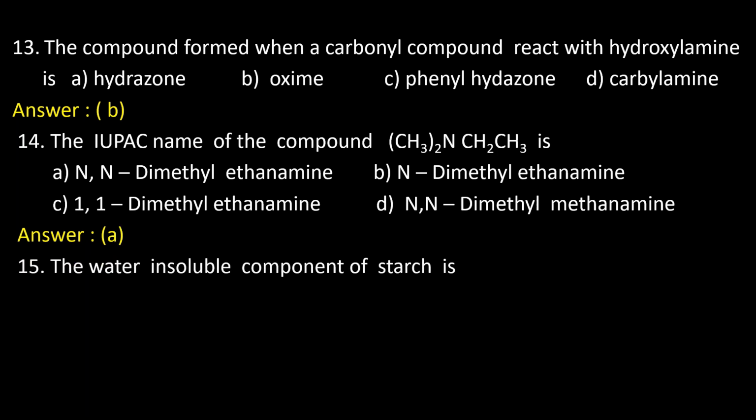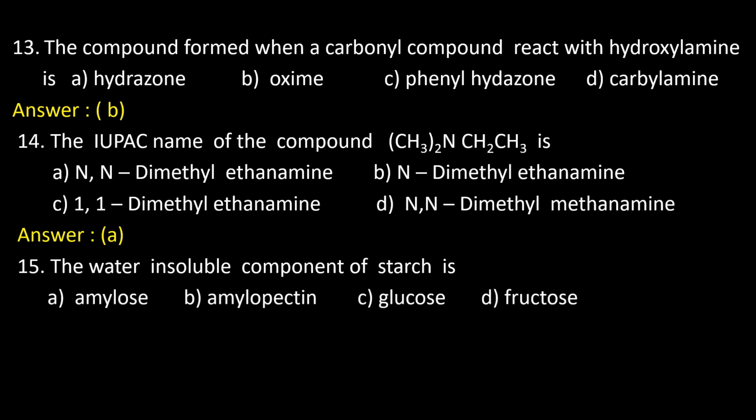Question number 15. The water insoluble component of starch is A. amylose, B. amylopectin, C. glucose, and D. fructose. Dear friends, the correct option is B, that is amylopectin. Starch contains two components, amylose and amylopectin.